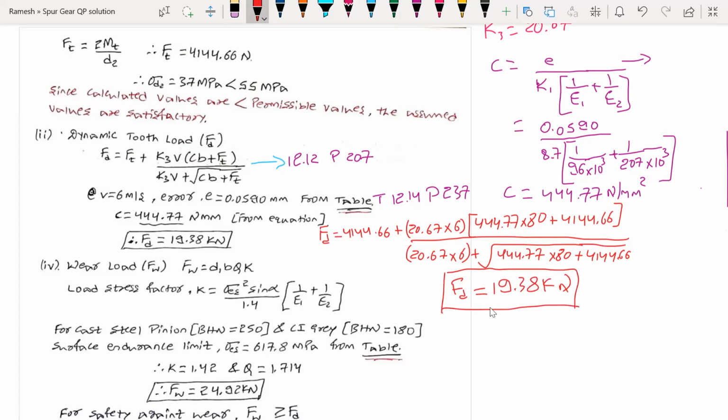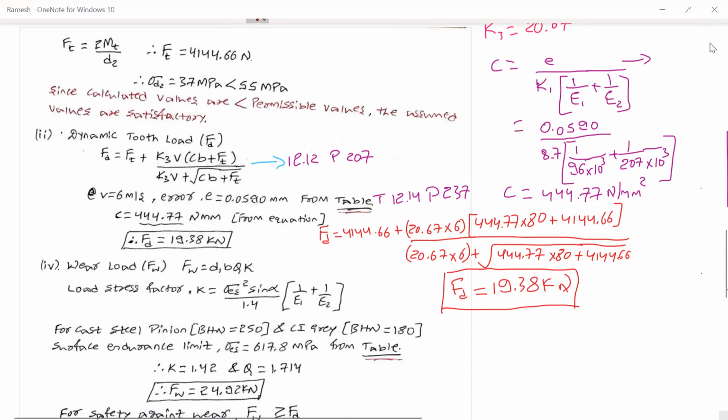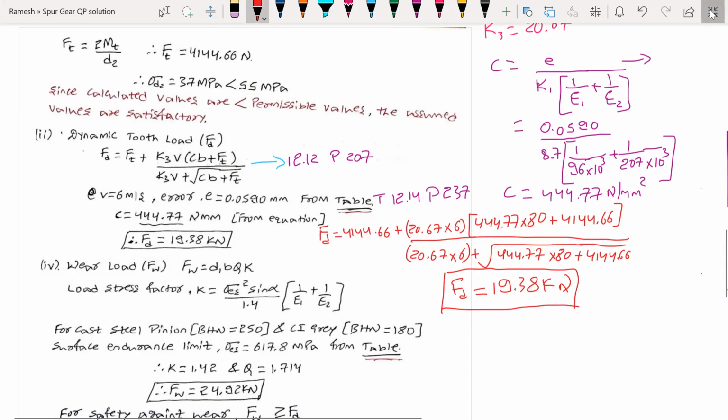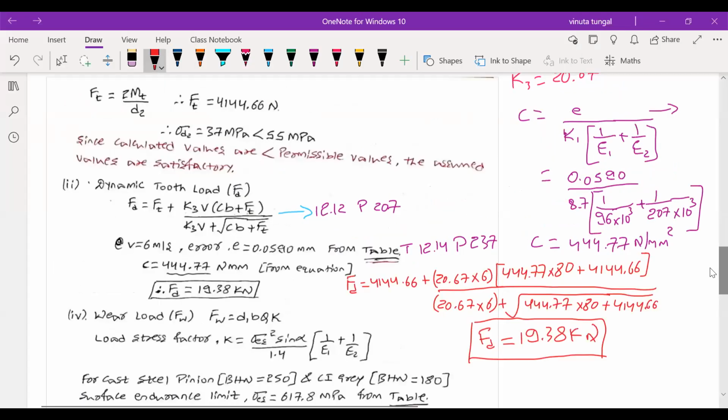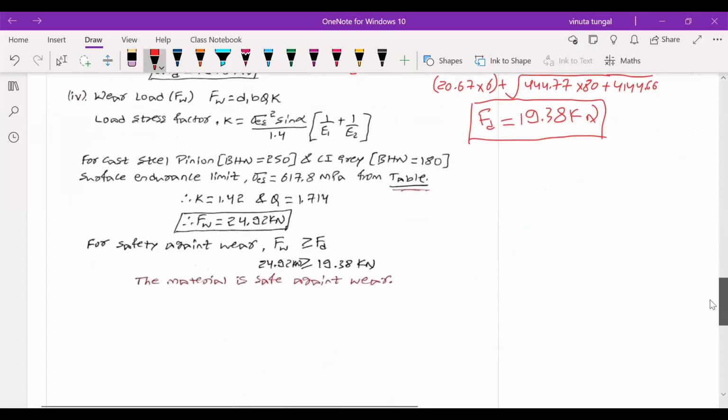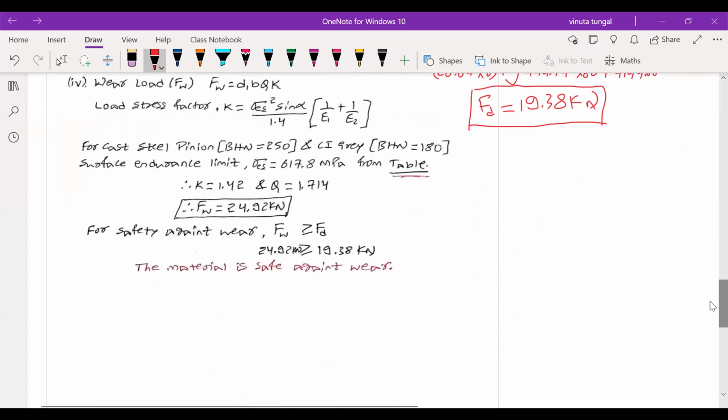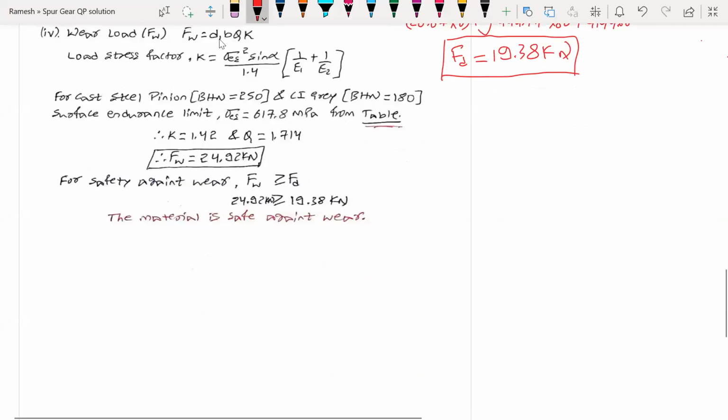This is all you need to find out the dynamic load. After that, next I need to calculate the wear load. Already the equation is there to calculate the wear load, and I'm going to use that equation. Here we can see that.